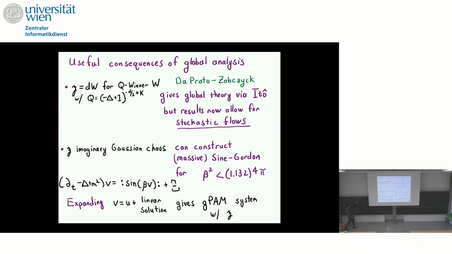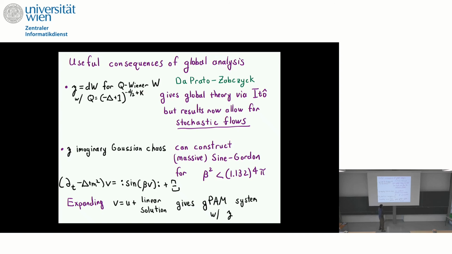And then I'll say that the case of imaginary Gaussian chaos is not just a totally abstract choice, but it actually turns out that by looking at gPAM driven by imaginary chaoses, you can write down an argument that allows you to construct the massive sine-Gordon Euclidean quantum field theory.